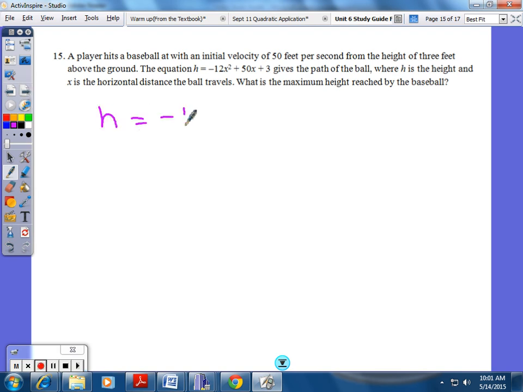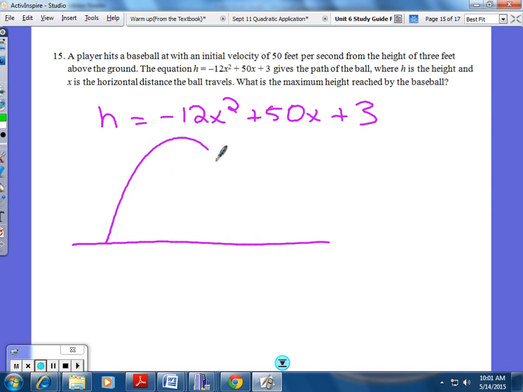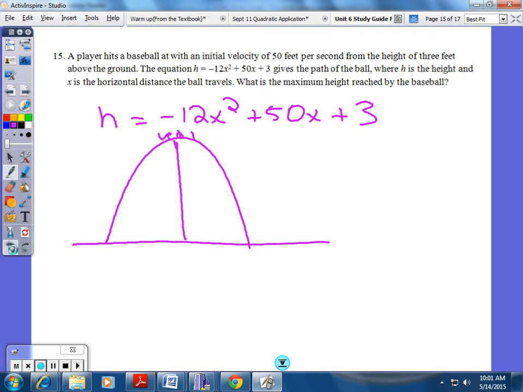Again, if you draw a quick picture, the maximum height is here. That's where the vertex is.